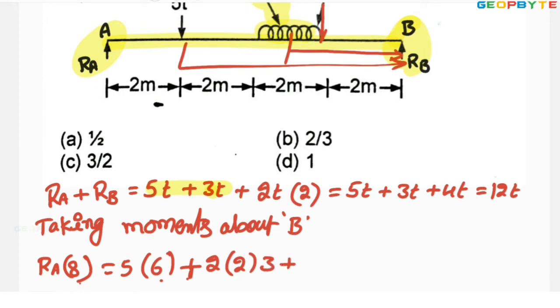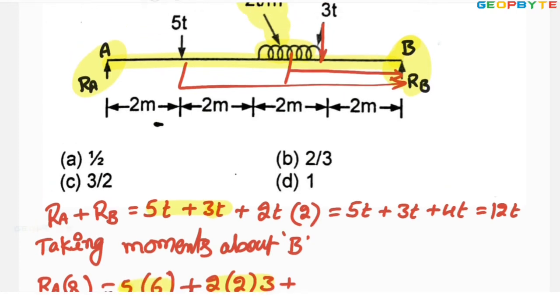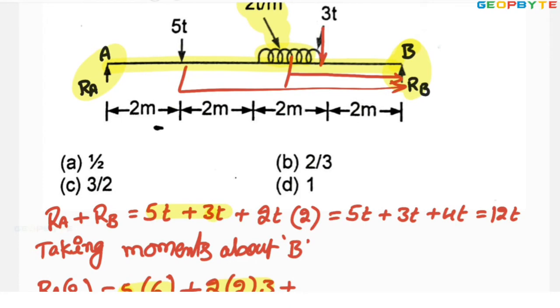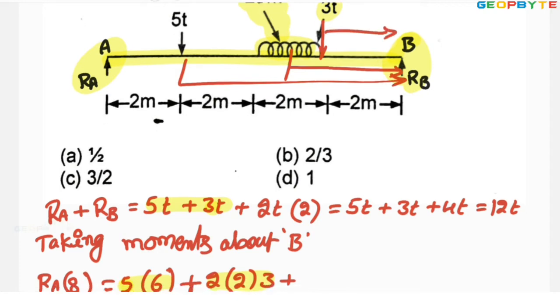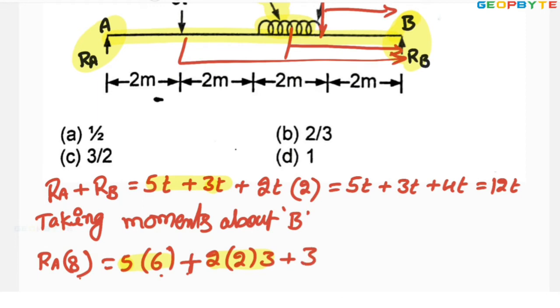This is the moment due to the UDL. This is the moment due to 5 tons. One more moment is there due to 3 tons. Due to the 3 tons point load, the moment equals 3 tons multiplied by this distance, so 3 multiplied by 2.